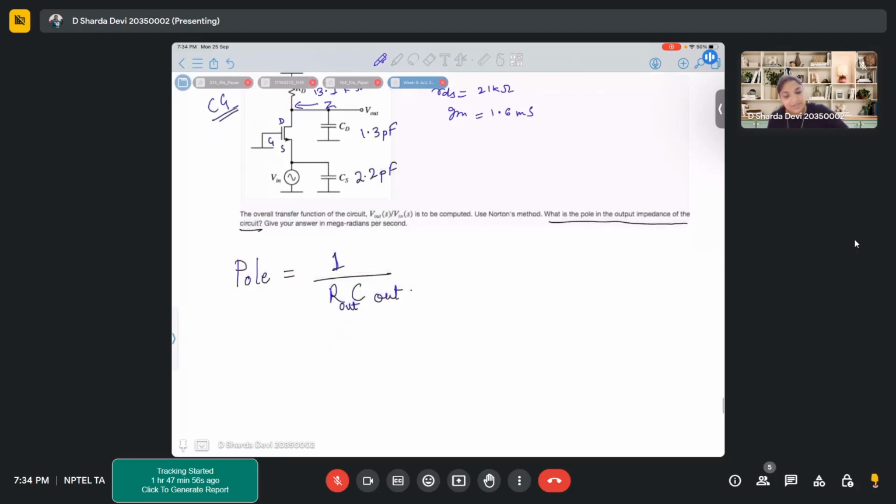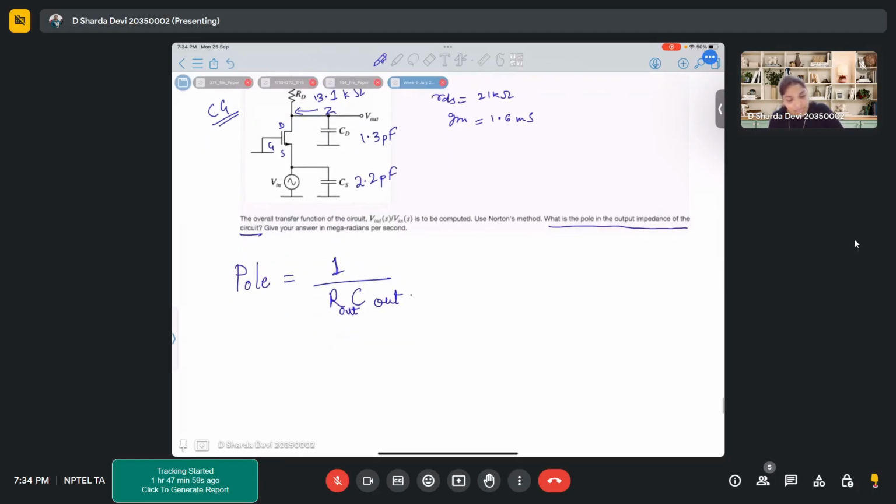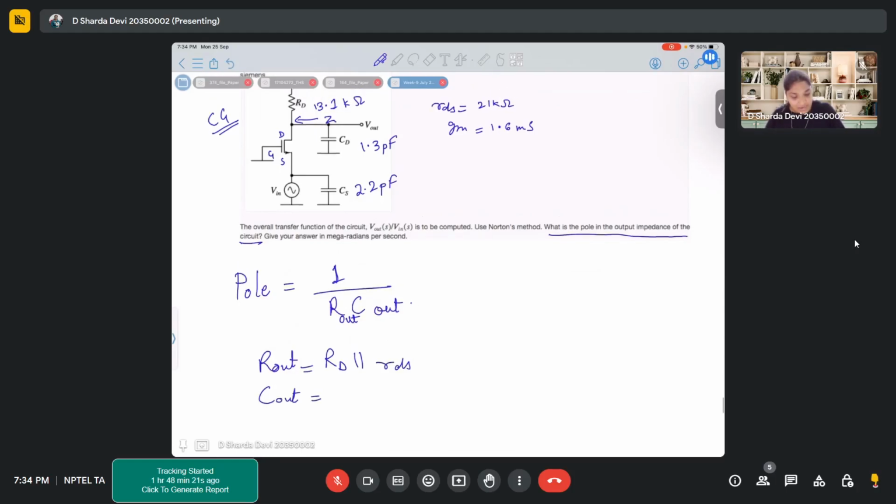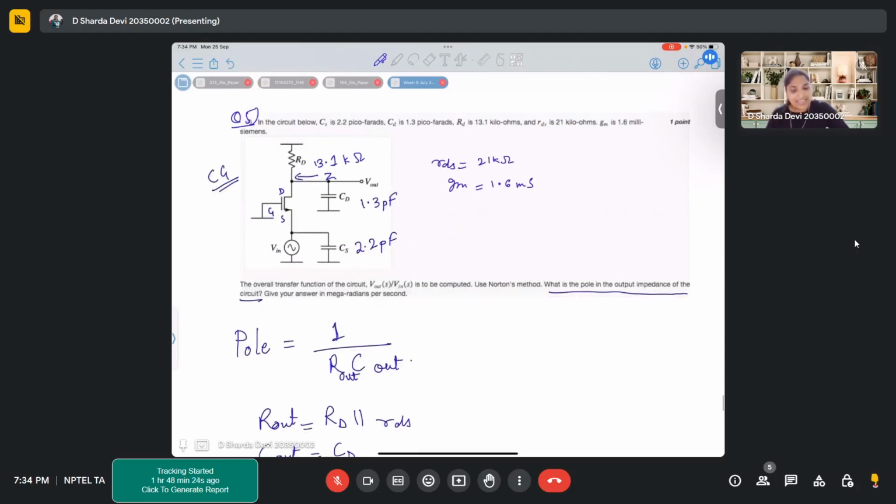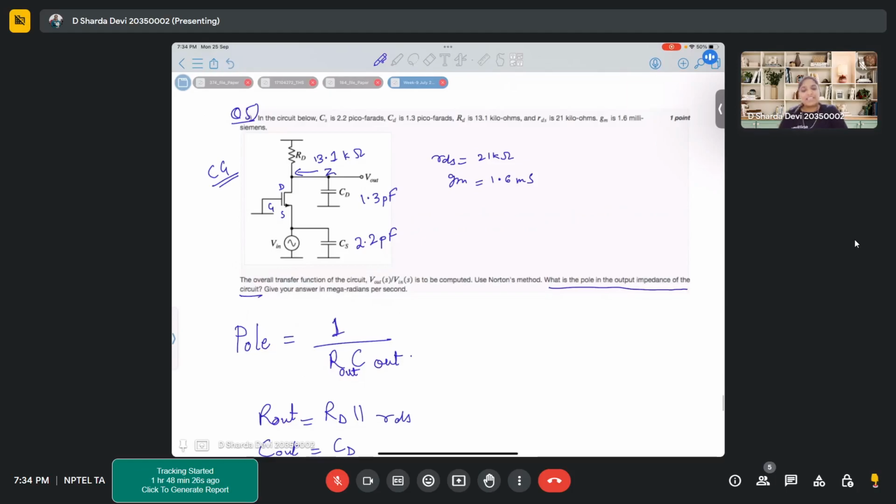So for this node V out, how would you write R out? R out is RD parallel small r RDS, right? For this particular node, R out equal to RD parallel small RDS. And what about the C out? C out is CD, but nothing else has been given, internal capacitances are not given, so we would not consider them.